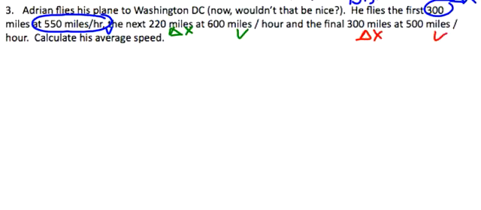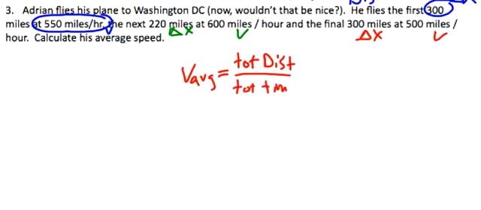Calculate its average speed. We know that average speed is the total distance over the total time. So let's just add them up.